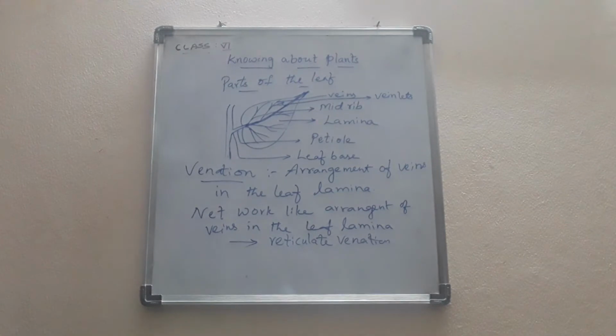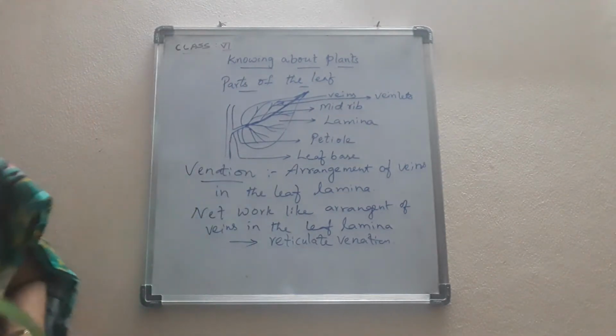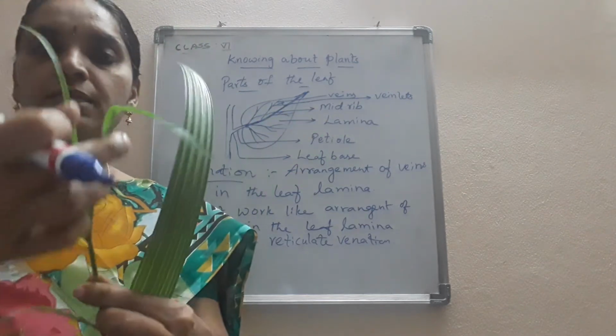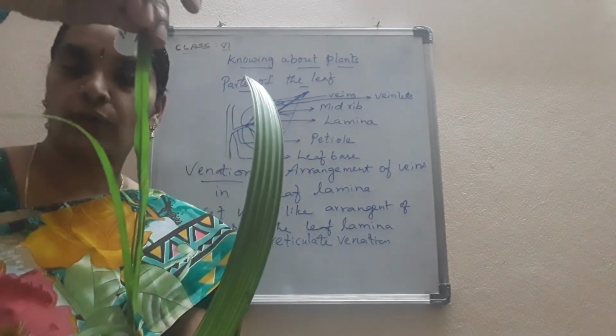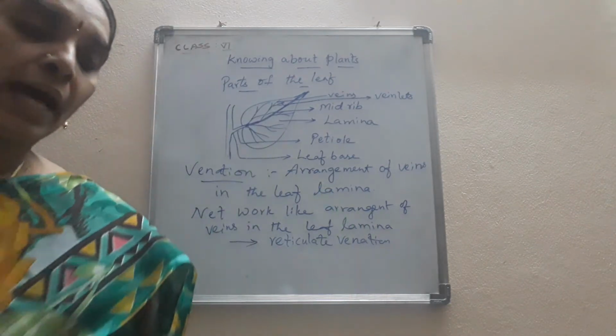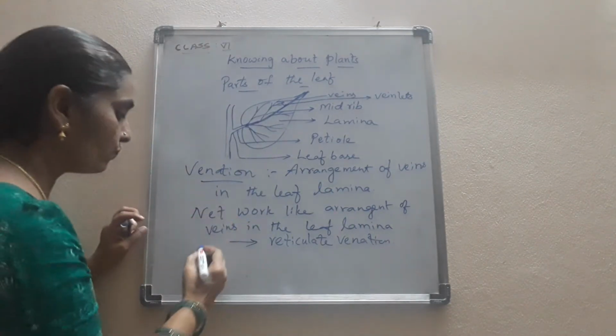you might have seen the grass also, isn't it, children? So here you see this grass. It's also the veins are arranged parallelly to one another. If you observe carefully, it shows the parallel arrangement of the veins.